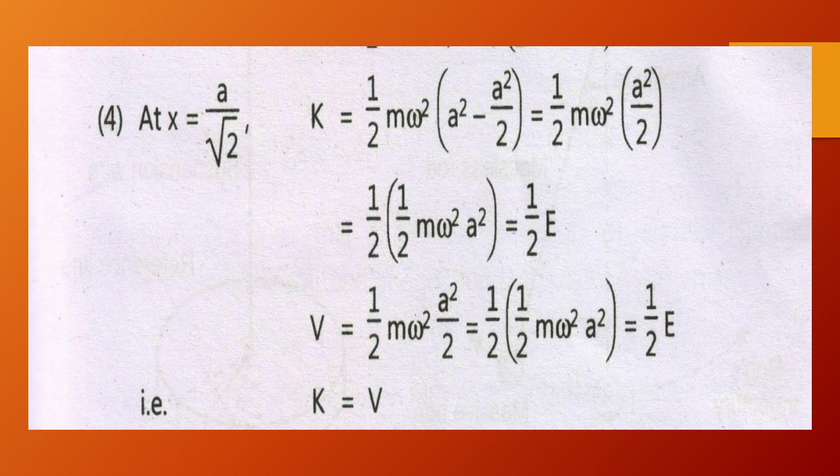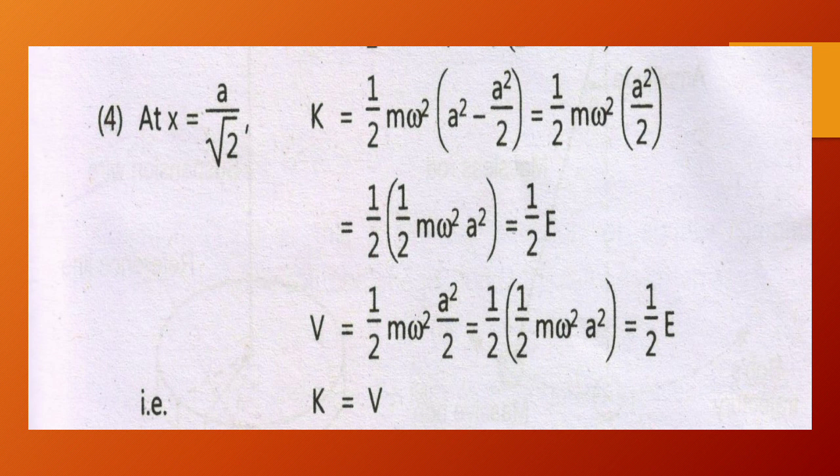Now at x is equal to a by root 2, the kinetic energy is equal to 1/2 m omega square into (a square minus a square by 2), which is equal to 1/2 m omega square a square by 2.